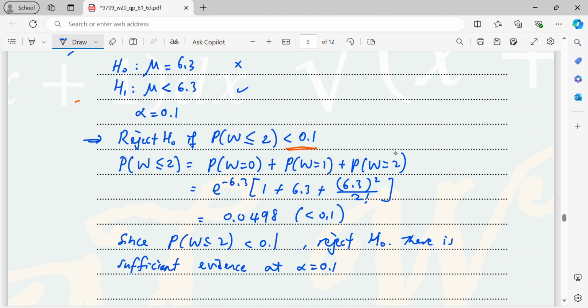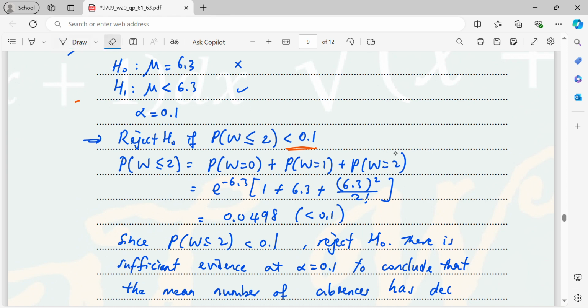So there is sufficient evidence at alpha equals 0.1 to conclude that the mean number of absences has decreased. Okay, so done for this hypothesis testing.